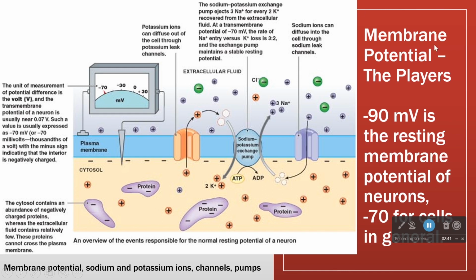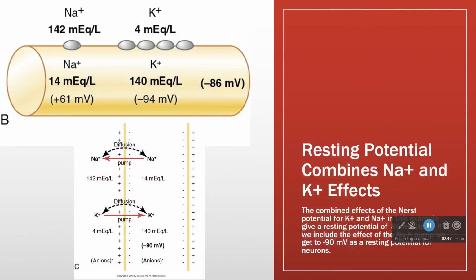All right, so one of the things it means is, we said that the Nernst potential for sodium and potassium are sort of opposite. Plus 61 for sodium, minus 94 for potassium. Well, if we measure the membrane potential, we get minus 86. All right, so what does that mean?